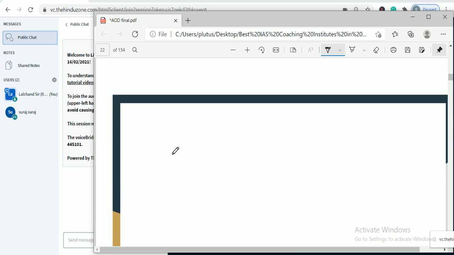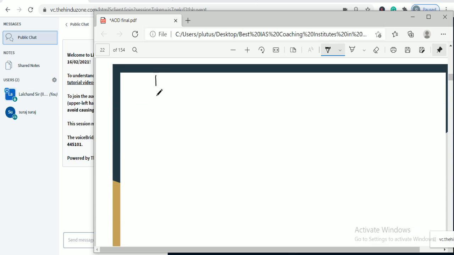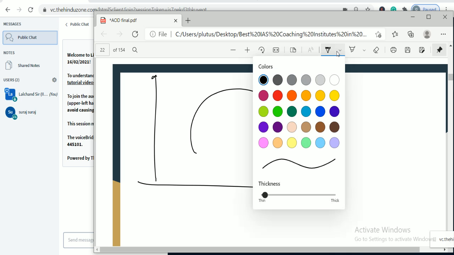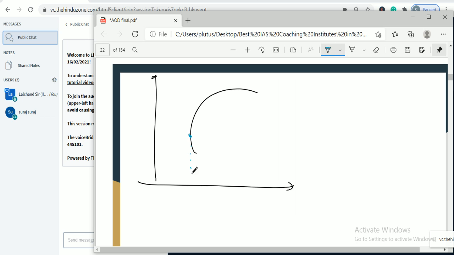Let me explain with the help of a curve. Let's suppose this is a curve, and this is point x equal to a, and this is point x equal to b.